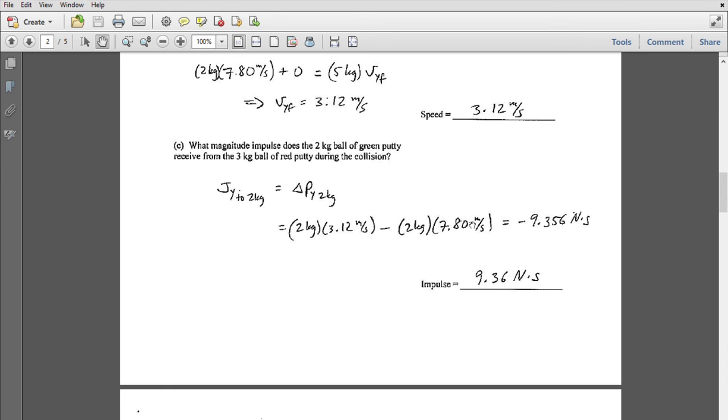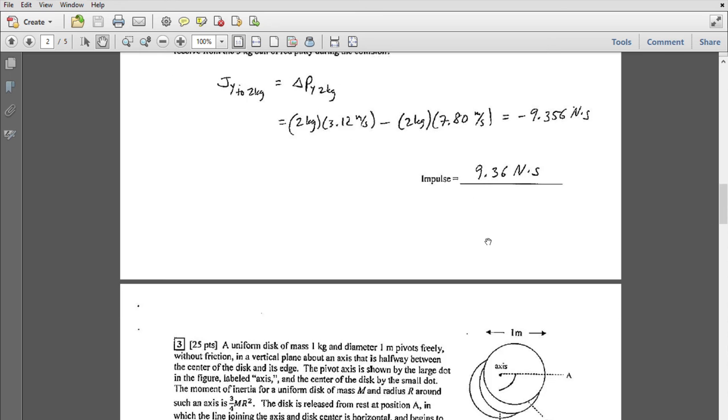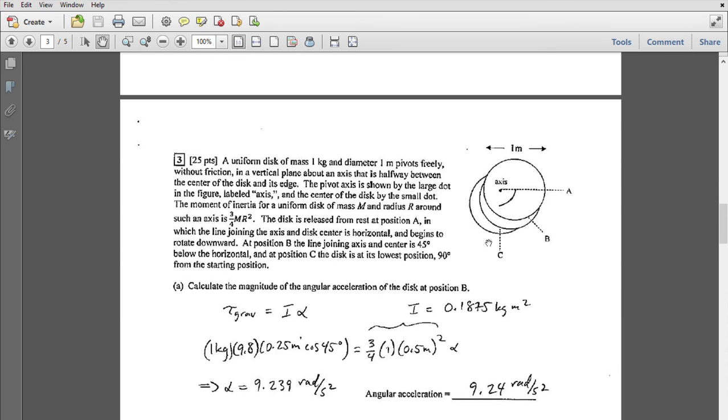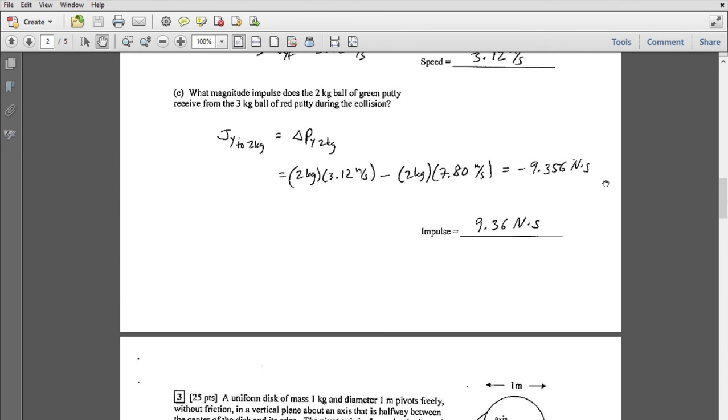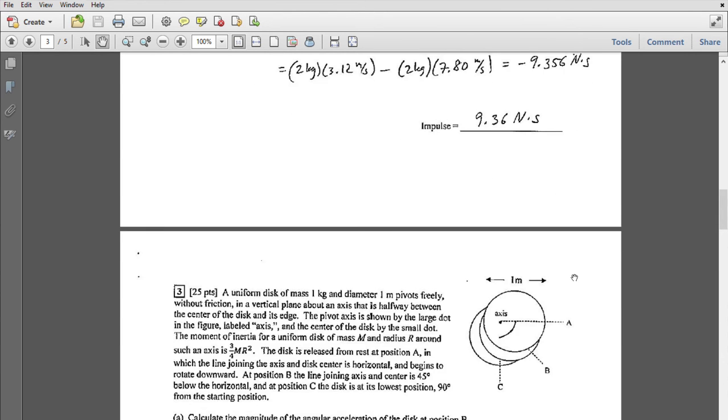Those are the solutions to the previous two parts. So we plug those in and we get a minus 9.356 Newton-second impulse received by the green ball from the red ball during the collision. The y component is negative. We were asked for the magnitude, so I just threw out the minus sign there.